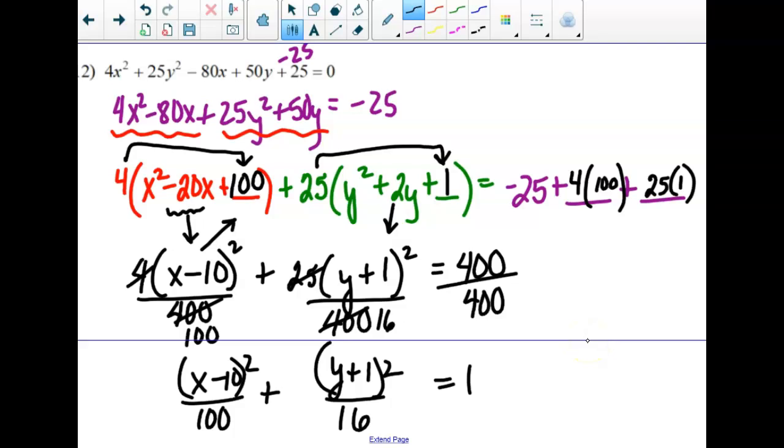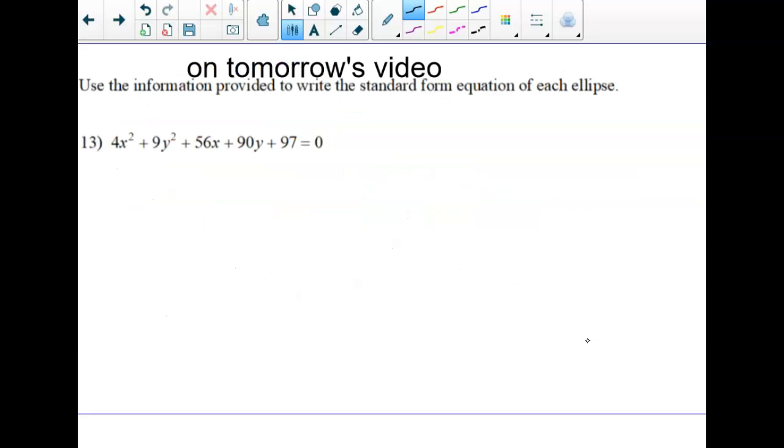Okay. All right, guys, can you work on 13? And if you finish 13, can you go back and do 7?